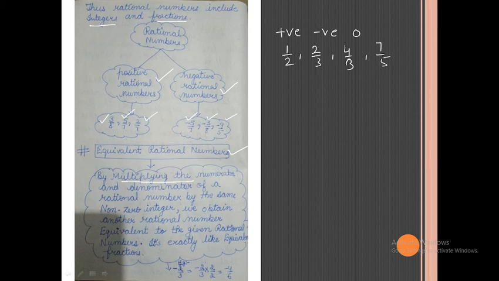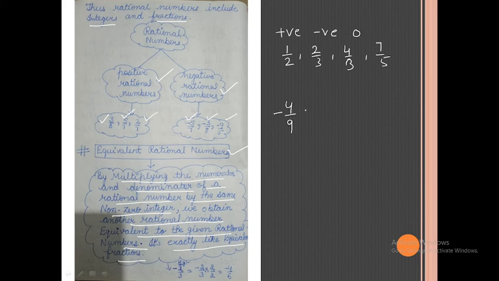By multiplying the numerator and denominator of a rational number by the same non-zero integer, we obtain another rational number equivalent to the given rational number, exactly like equivalent fractions. For example, minus 4 by 9.